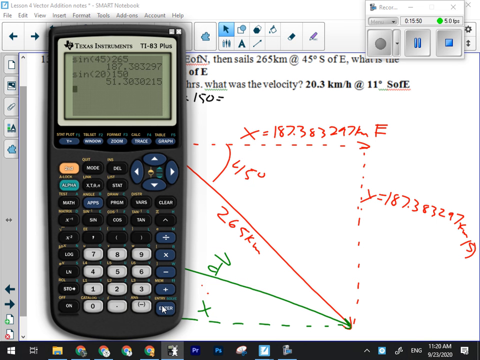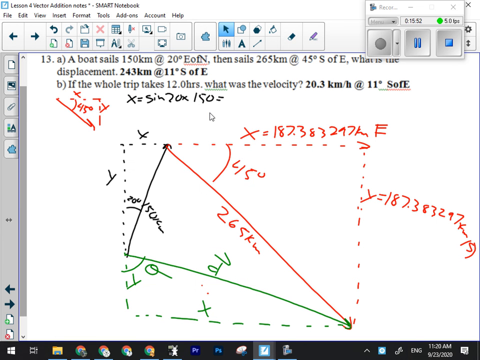So we're looking at 51.303 kilometers east. And then black y is adjacent, so it'll be cos of 20 times 150.